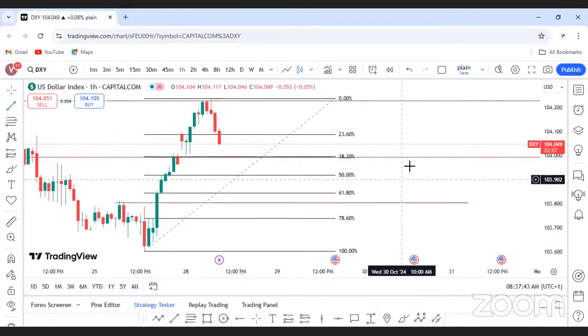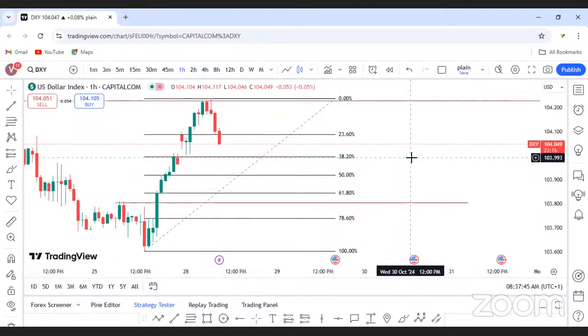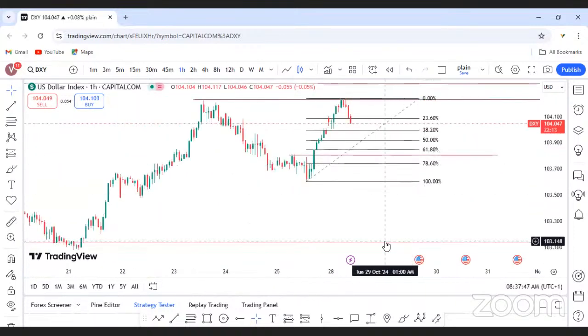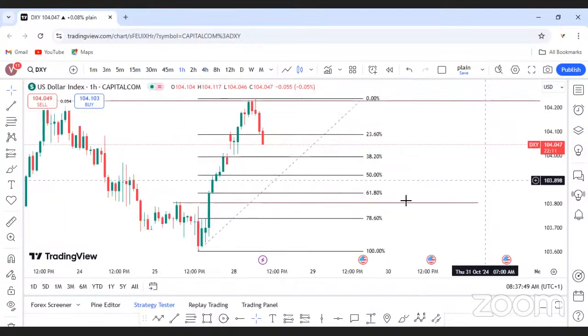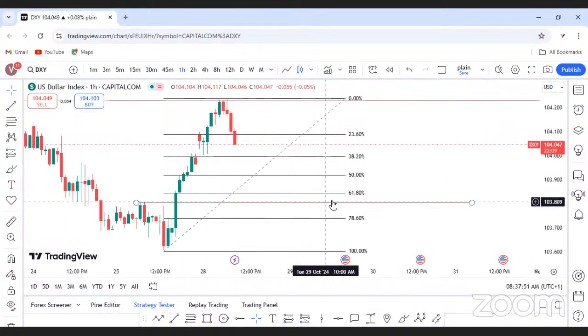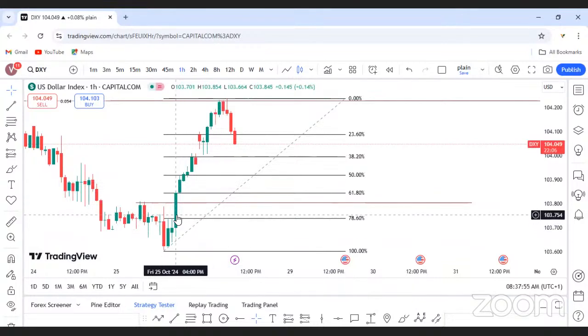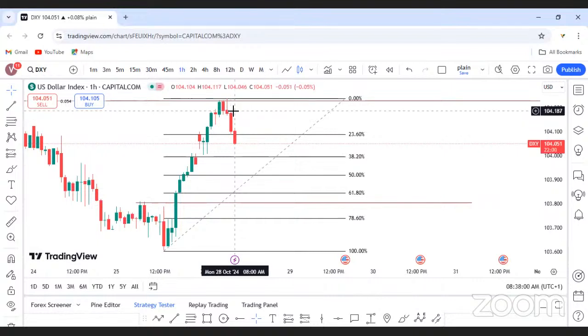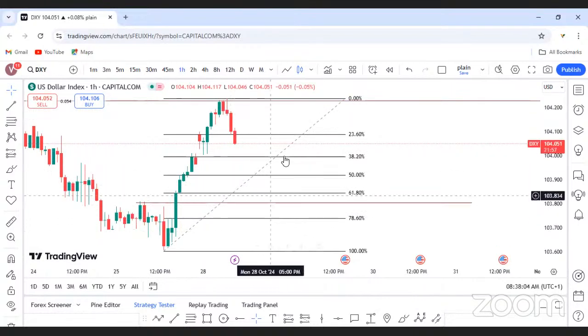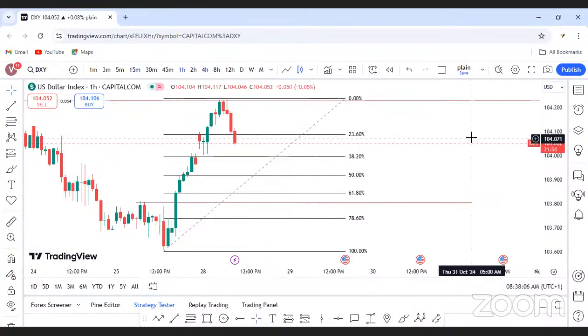So this is where we're looking to short the DXY all the way to this low right here. All right, so somewhere below 61.8 and in between 61.8 and 78.6, there is a perfect fair value gap presiding right there. So I'm looking to see the DXY trade into this level all the way down here before it possibly resumes to the upside.